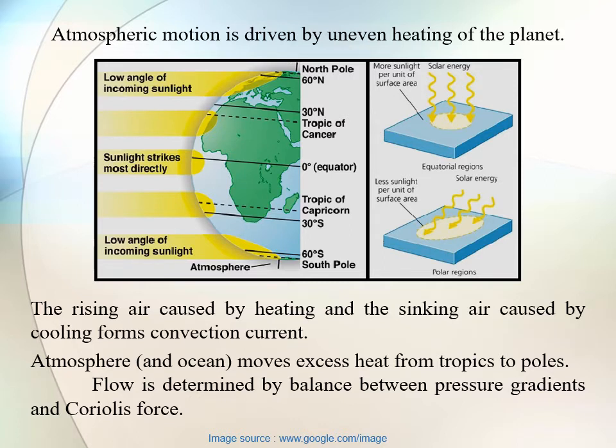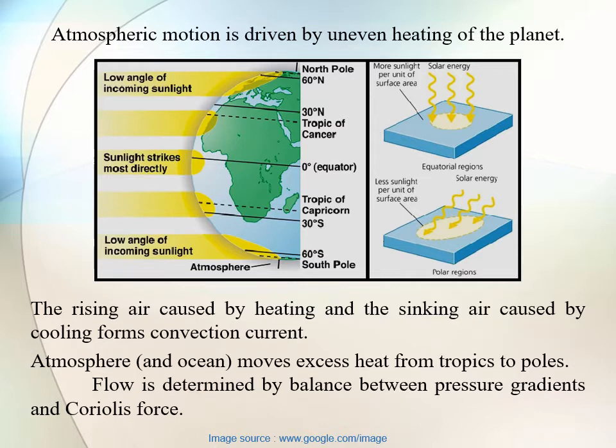So due to this, the temperature at different points over the earth's surface across latitude varies. Generally, it is found maximum at the equatorial region, and towards high latitudes, temperature gradually decreases.